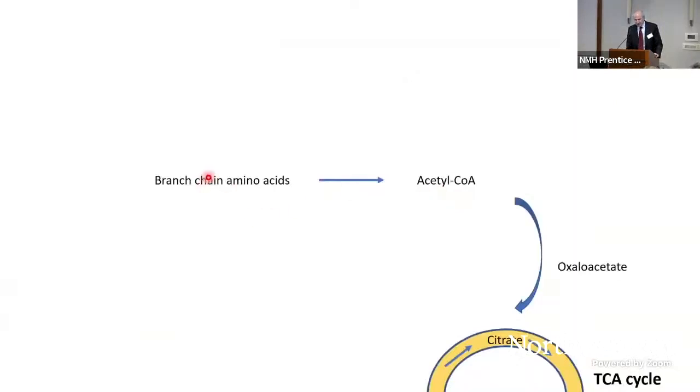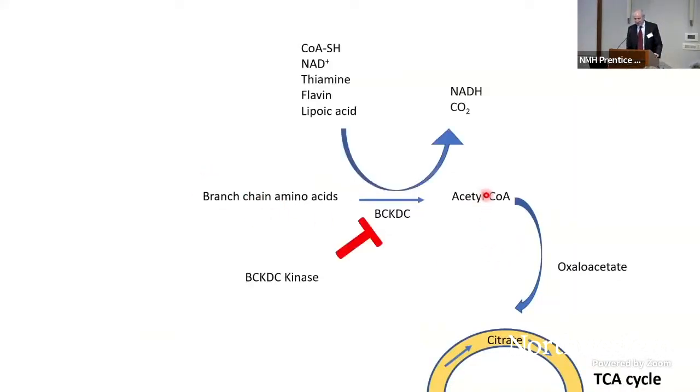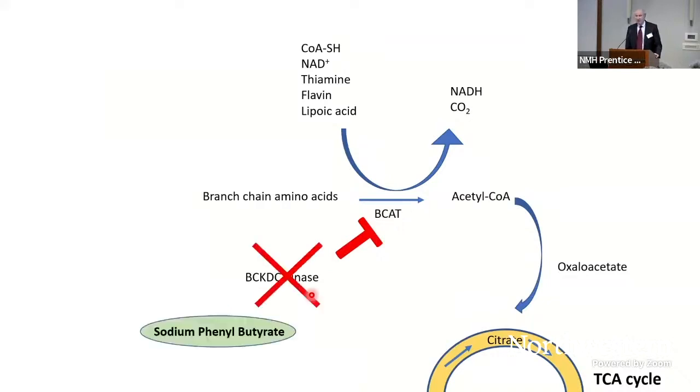Branched-chain amino acids get turned into acetyl-CoA, and that's taken care of by the branched-chain keto acid dehydrogenase complex, which is inhibited by a kinase, and that kinase is also inhibited by sodium phenylbutyrate. So two different ways of getting more fuel into the TCA cycle are protective: sodium phenylbutyrate and the pyruvate kinase agonist.